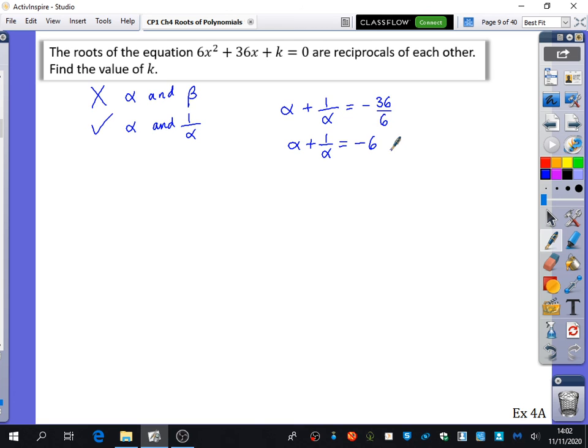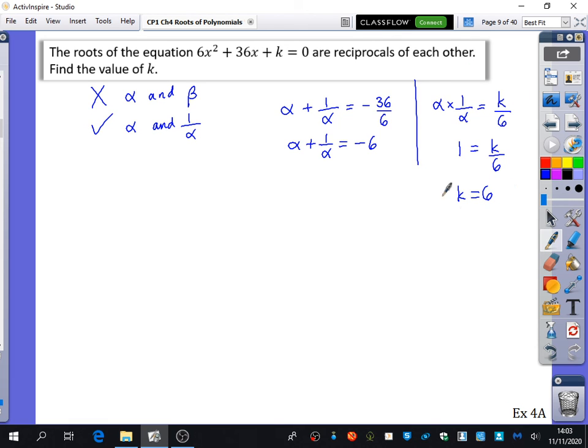I also know that alpha multiplied by 1 over alpha is equal to c over a, k over 6. Isn't alpha times 1 over alpha just 1? Perfect. So I've got these two facts here. This fact, I could find out what alpha is. This fact, I can just say that 1 equals k over 6, and so k equals 6.